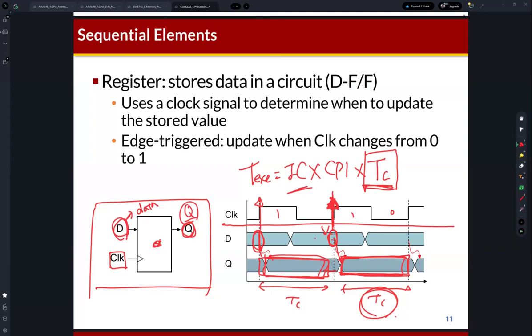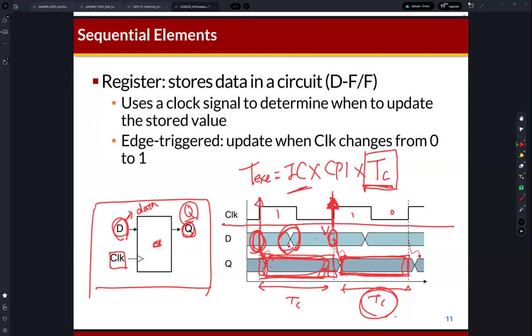So you can observe that the input changes within this clock period here, but Q is not changed, because Q just reflects this sampled value only.